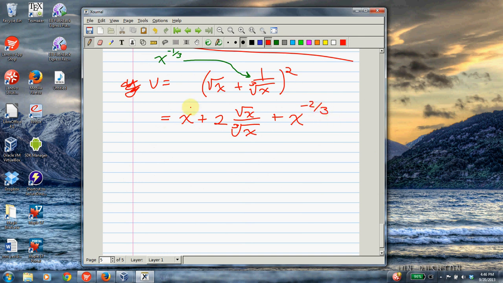Okay, great. And I'm going to rewrite this line before I take the derivative, because this is a little complicated. So what is this standing for? This is standing for x to the 1/2 over x to the 1/3. So this whole thing is really x to the 1/2 minus 1/3, which is x to the 1/6. And I think that's right?